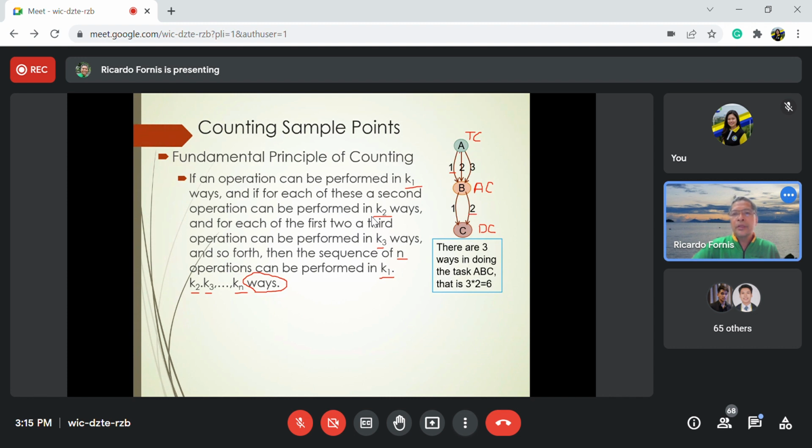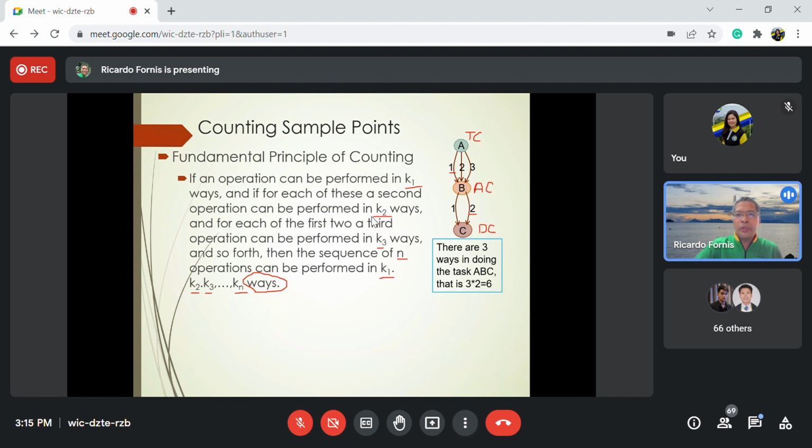Or maybe from A to B, route number 2, followed by 1, or 2 followed by 2, or maybe 3 followed by 1, and 3 followed by 2. So all in all, there are 6 different ways.